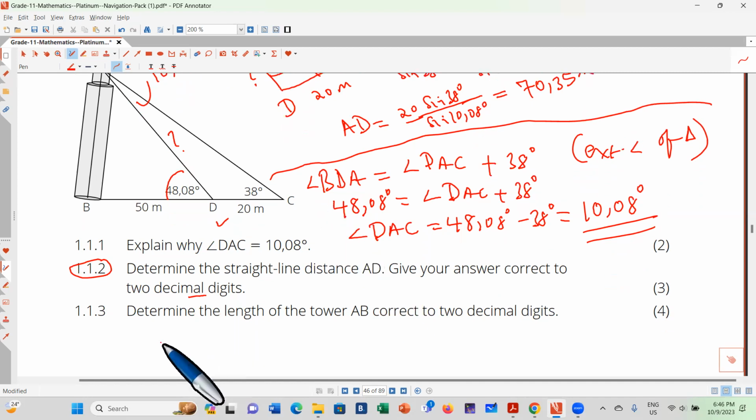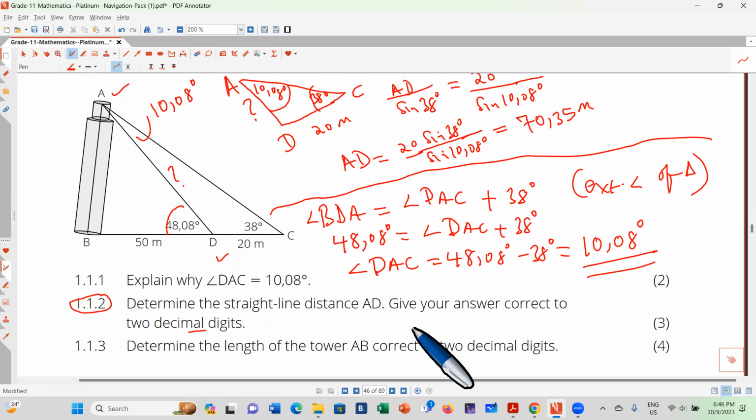Right, so if you look at 1.1.3, determine the length of the tower AB correct to two decimal places. Now we want to find the length of this tower, but you'll remember that this tower is leaning, so it's not strictly vertical.